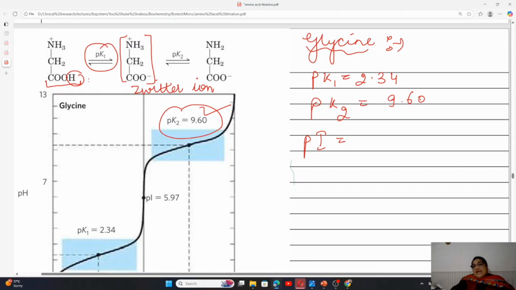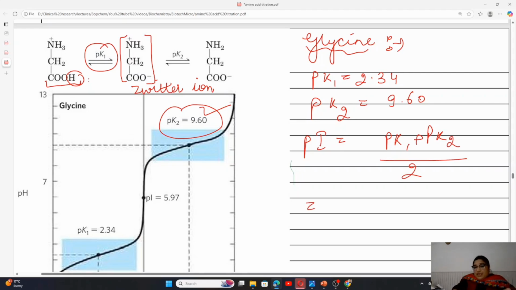What is the pI? The isoelectric pH is the pH at which the structure of glycine will be a zwitterion. So how can we calculate it? We calculate pK1 plus pK2 divided by 2. So it is 2.34 plus 9.60, which is 11.94, divided by 2.